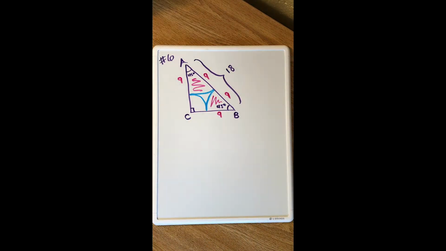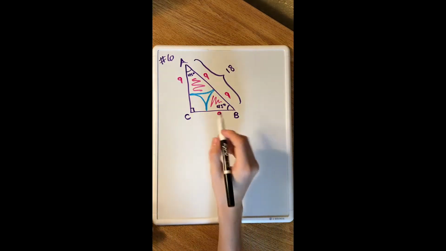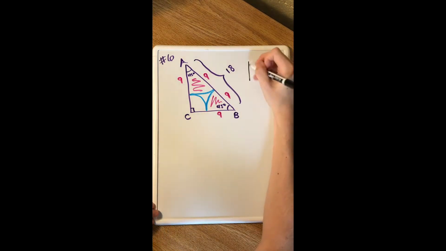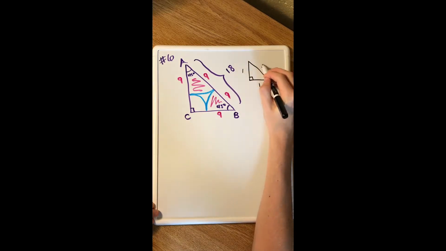On the other side, we have angle C, or arc C, centered at angle C, that we still have to figure out the radius for. So because this is a 45, 45, 90 triangle, we know that the sides are in a ratio of 1 to 1 to radical 2.